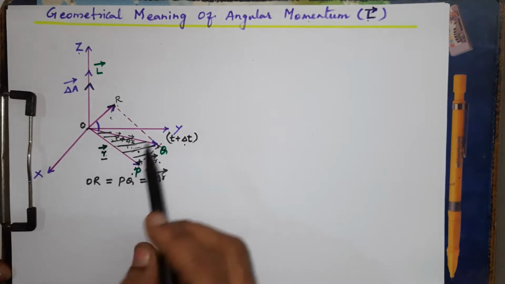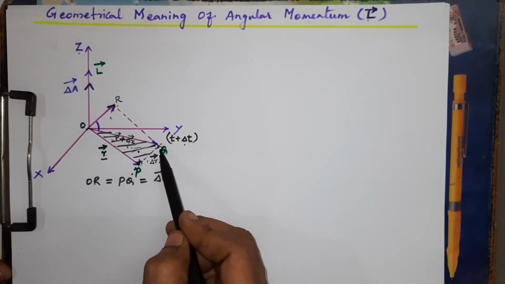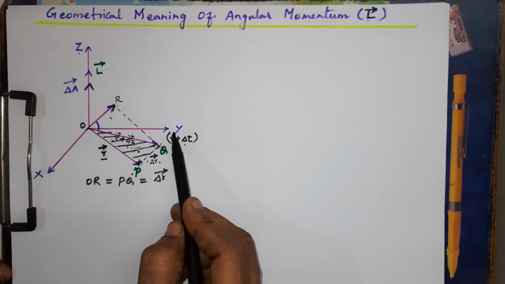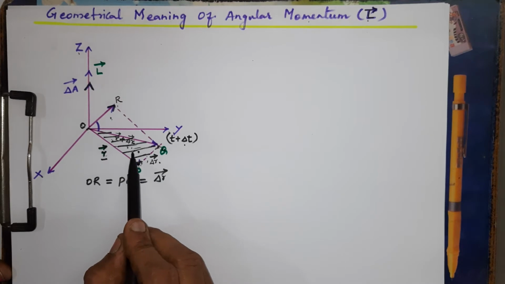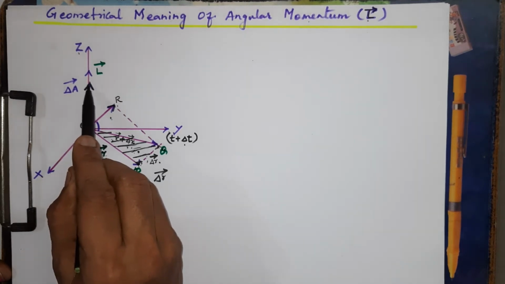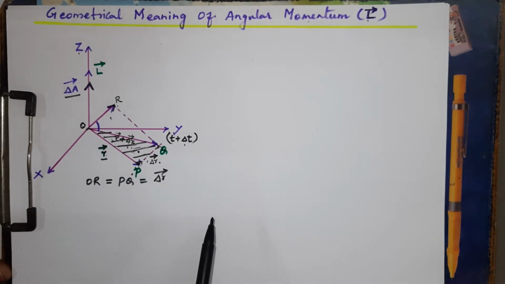I mean to say, the area swept by the particle during its rotation in the xy plane can be represented along the z direction, that is given as delta A vector. You can also see it labeled here.